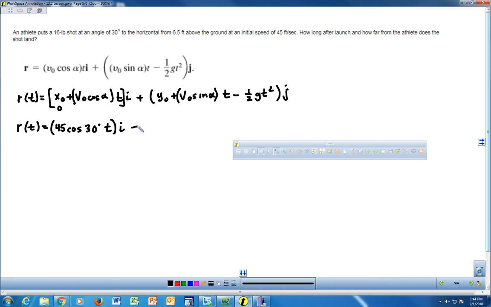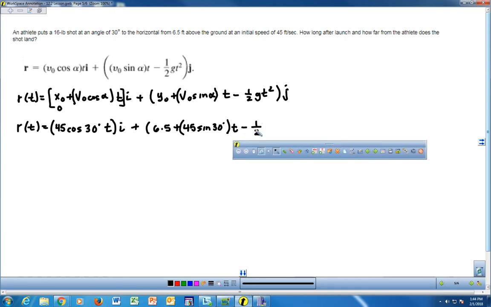Plus my initial y value, it is starting at a height of 6.5 feet above the ground. That means that is my initial y value for the position. So it would be 6.5 plus my initial velocity, which is 45, times sine of alpha, which is 30 degrees, and then t, minus 1/2 times the gravity.